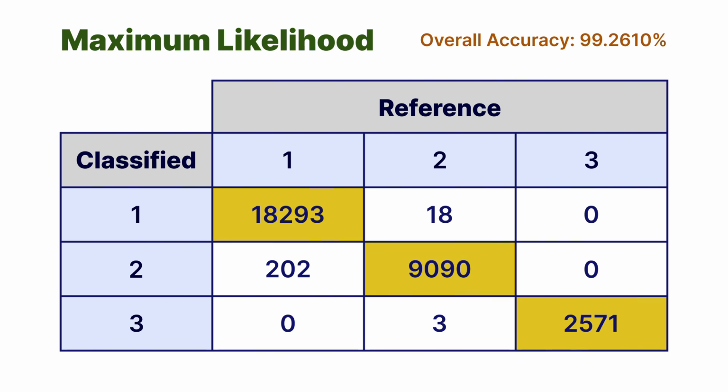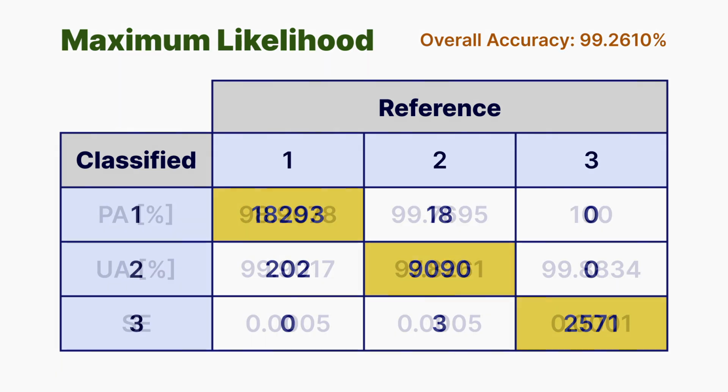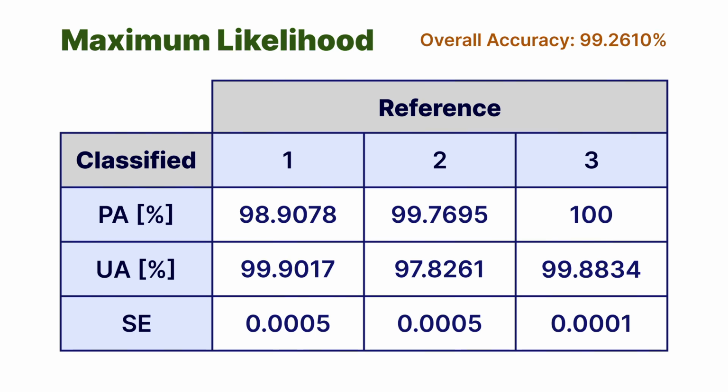Ideally, we want high numbers along the diagonal, correct matches, and low numbers everywhere else, mismatches. As you can see, the vast majority of the pixels fall along that diagonal, indicating a high level of accuracy. This matrix illustrates the pixel-by-pixel agreement between the classified map and the reference data.